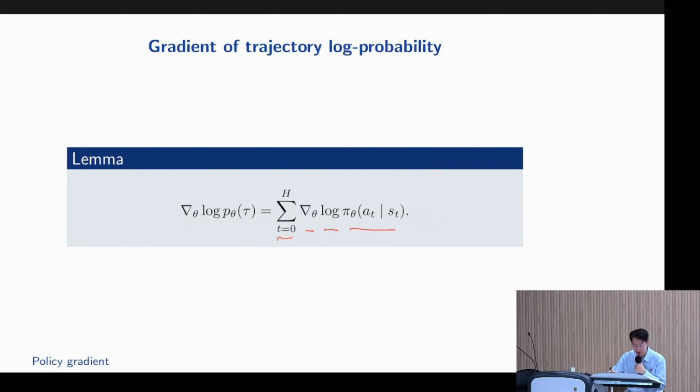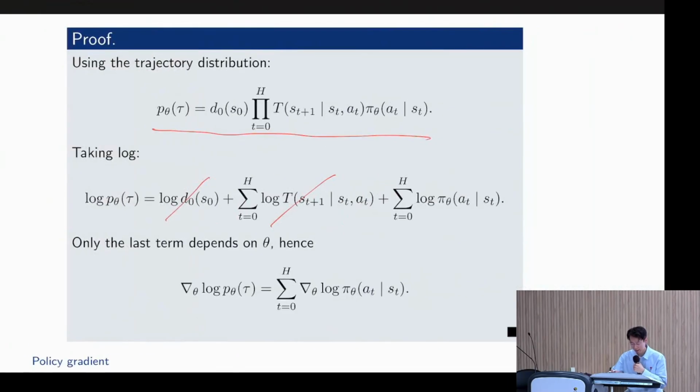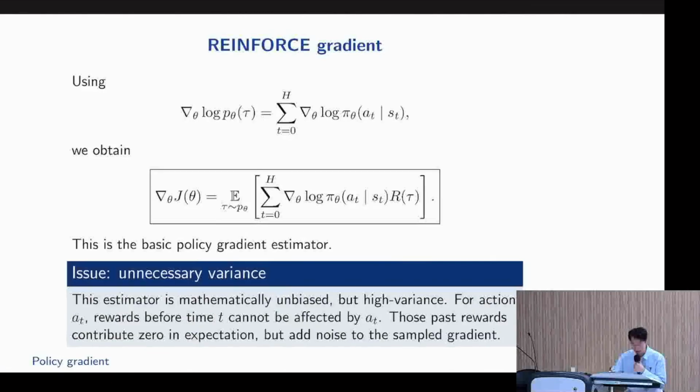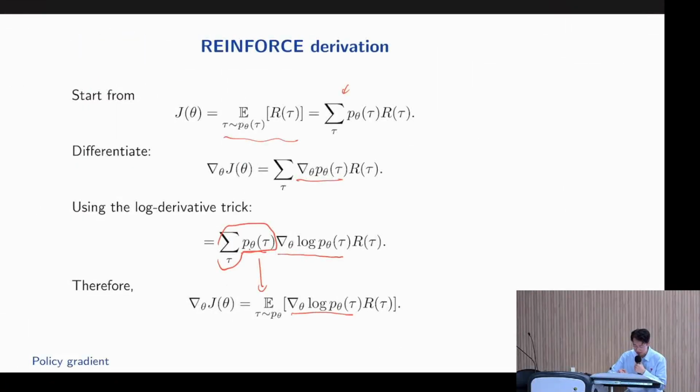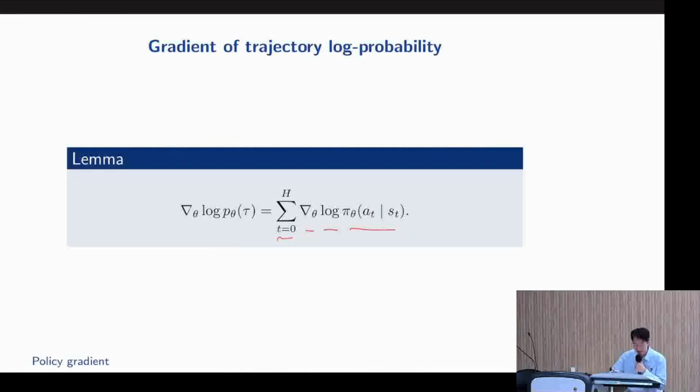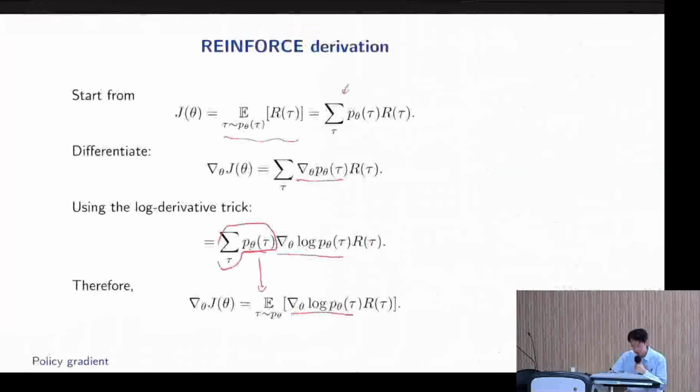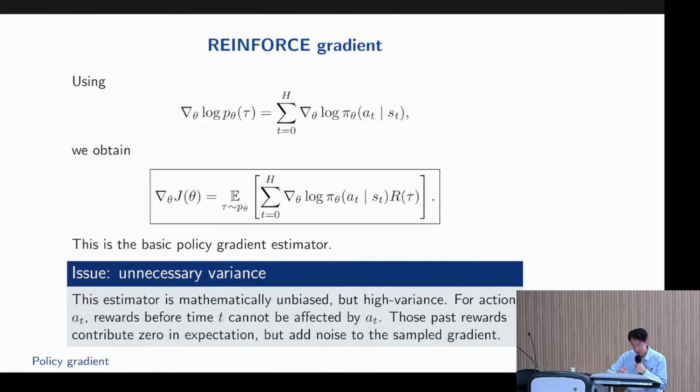And we're going to use this lemma: the gradient log trajectory probability is the sum over time steps of gradient log action probabilities. Let's insert that from here. I'm going to just replace it with this guy. So insert that. Now we have REINFORCE.